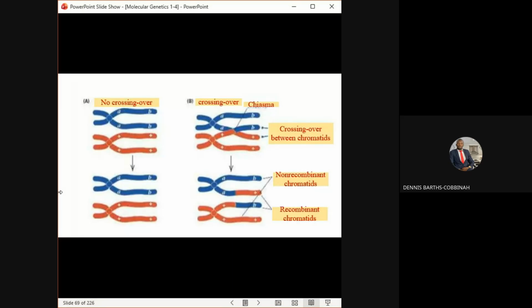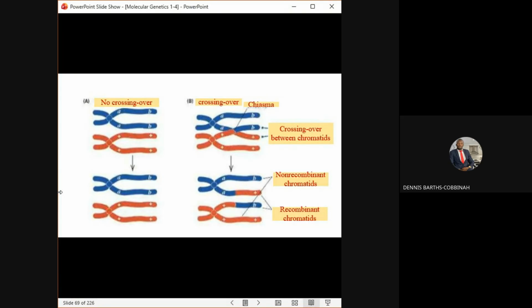There is no crossing over occurring in the A column, and there is crossing over occurring in the B column. You have the blue and you have the red. The blue are homologous and the red are homologous, and the blue and red chromosomes are non-homologous.